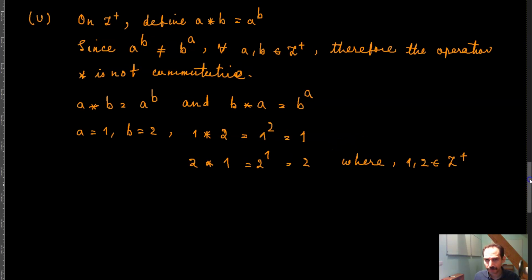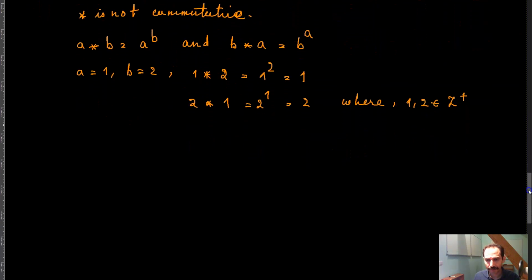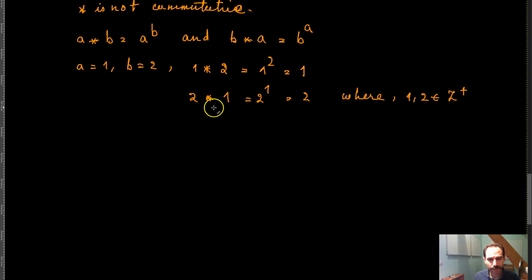Now about being associative, we can pick, for example, 2, 3, and 4 as what they have picked over here.